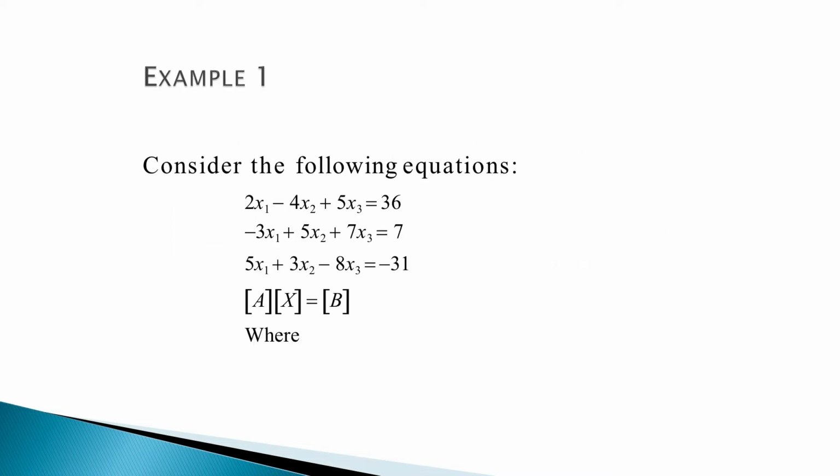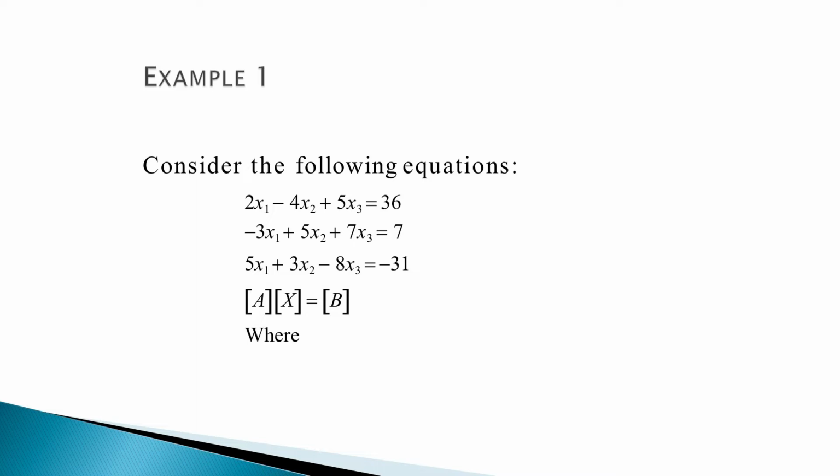Here is an example to work out. Consider the equations 2x1 minus 4x2 plus 5x3 is equal to 36, minus 3x1 plus 5x2 plus 7x3 is equal to 7, 5x1 plus 3x2 minus 8x3 is equal to minus 31.